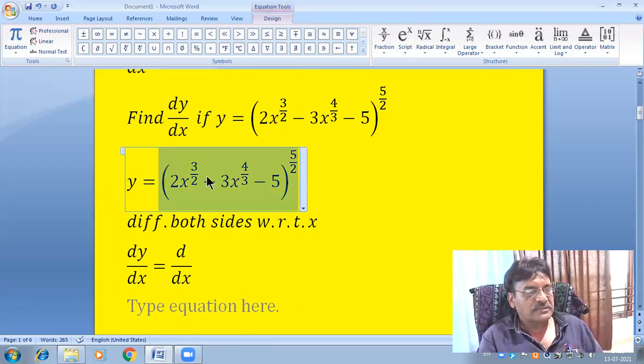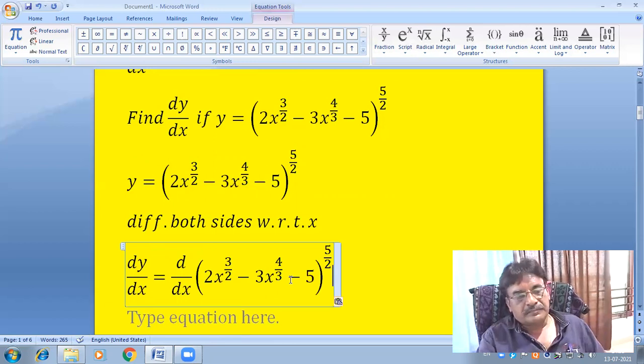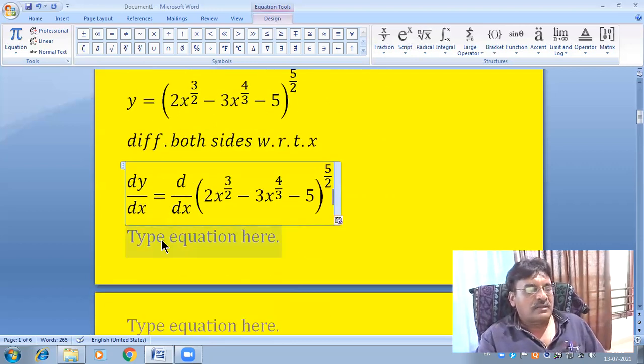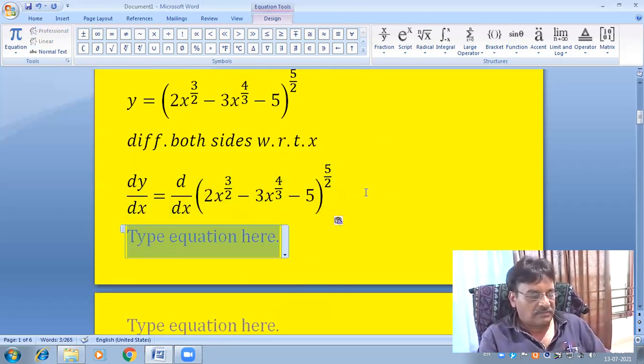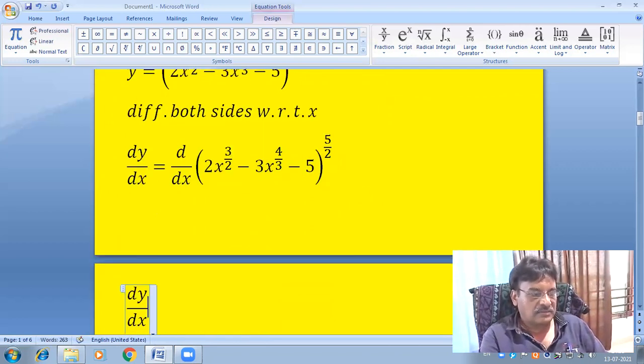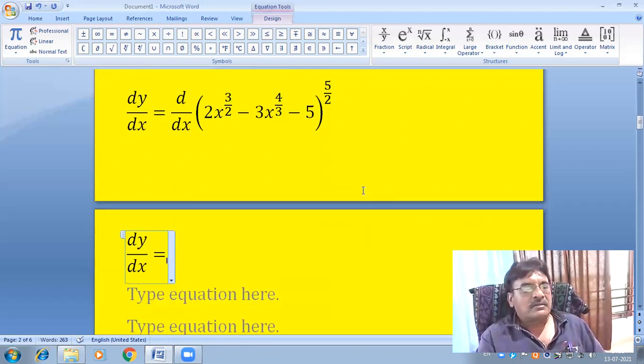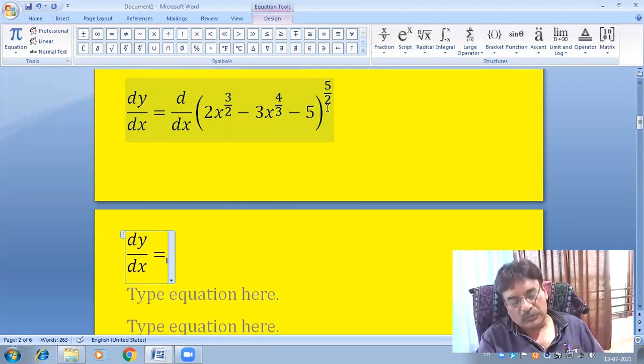So we write this function here. Therefore dy by dx is equal to d/dx of (2x^(3/2) - 3x^(4/3) - 5)^(5/2).